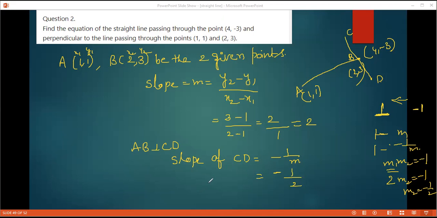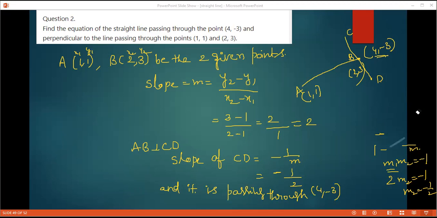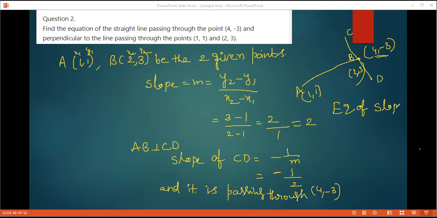Okay. When we know the slope and we know one point also, it is passing through one point, right? So the point slope form we can write, right? It is passing through, what is that point? 4 comma minus 3. Whenever you know one slope and a point, then we can apply the equation of a line, slope point form, right?